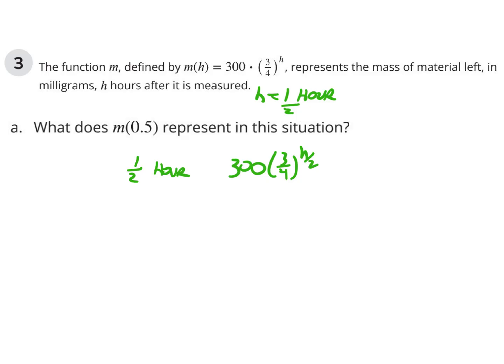Y equals 300, parenthesis, 3 divided by 4, close it, to the x divided by 2. So M of 0.5 is equal to 259.8.